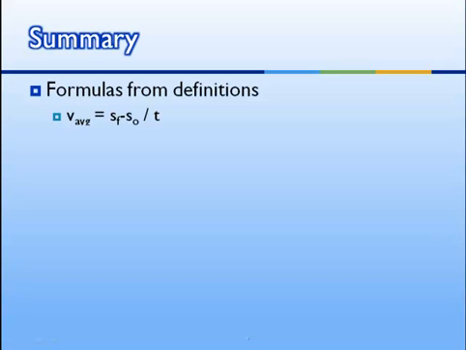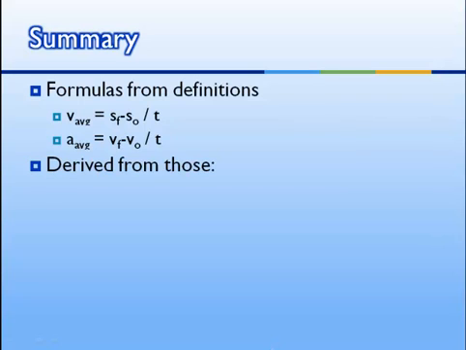So let's summarize what we found. First of all, there are some formulas that we've already learned from definition. The average velocity is simply the change in position over time. The average acceleration is simply the change in velocity divided by the amount of time. And then today we've derived several other formulas.